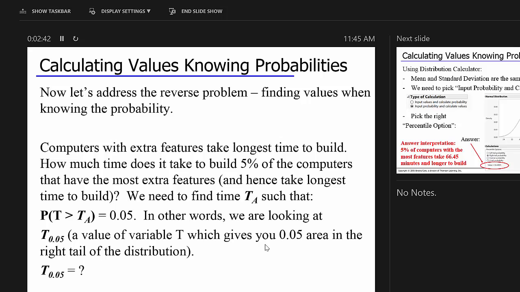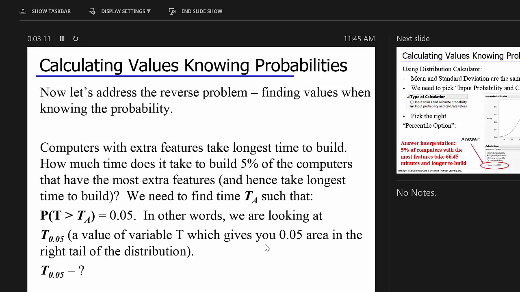Graphically speaking, here's what happens. I have my distribution right here. This is 0, this is 50, and the peak is at 50. The 5% of machines with the most features, and therefore the highest time to assemble, are going to be in the right tail of my distribution, somewhere here. And 5% means that in the right tail I should have an area of 0.05.